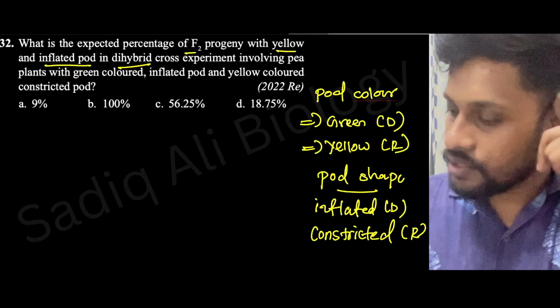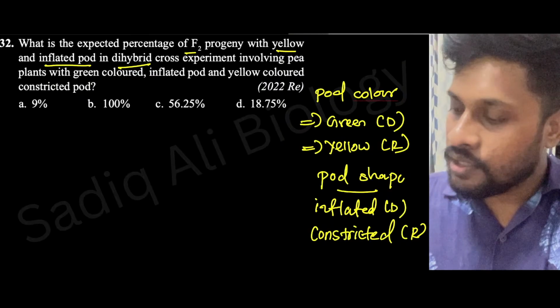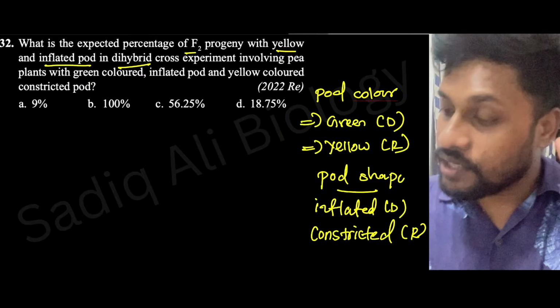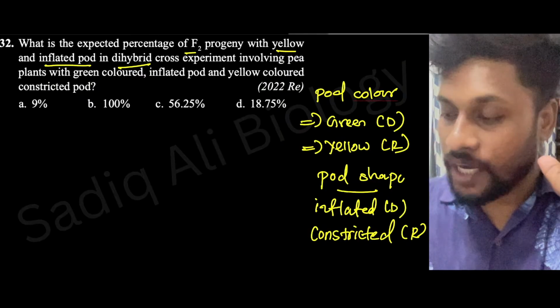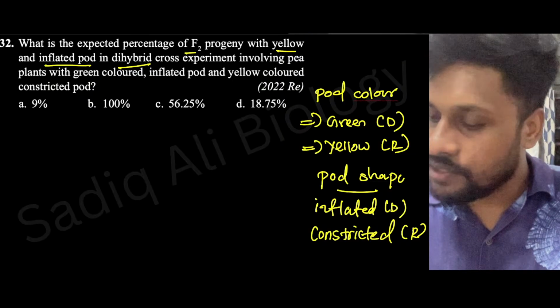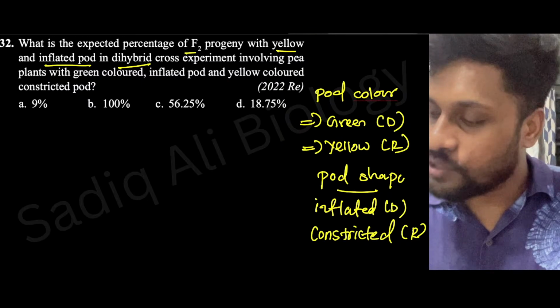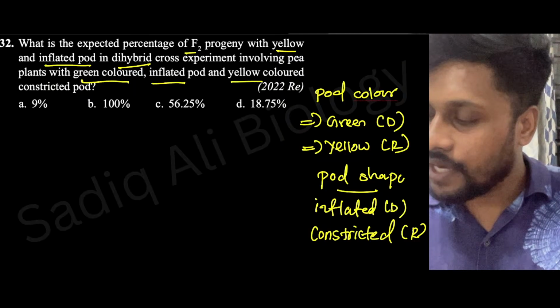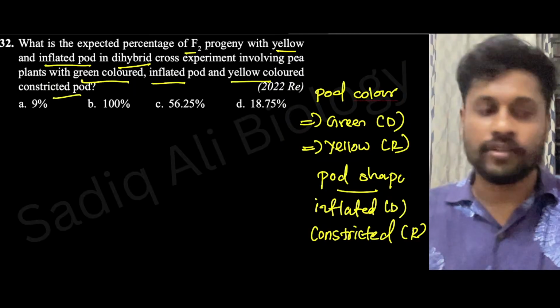So here they have mentioned: what is the expected percentage of F2 progeny with yellow and inflated pod in a dihybrid cross experiment involving pea plants with green colored inflated pod and yellow colored constricted pod.